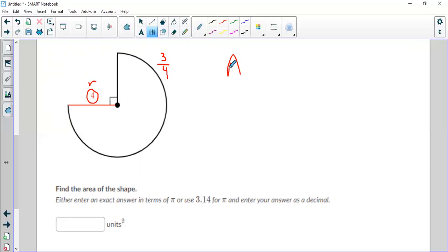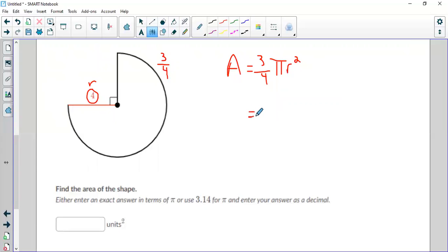So the area of that Pac-Man or whatever it is, I'm going to use my basic pi times radius squared formula. But now I don't want half of it. I want 3/4 of that circle.